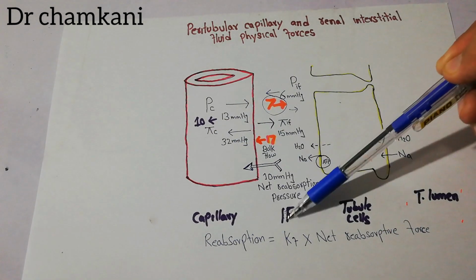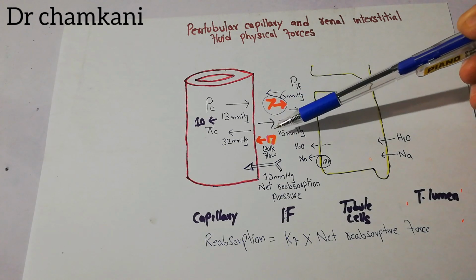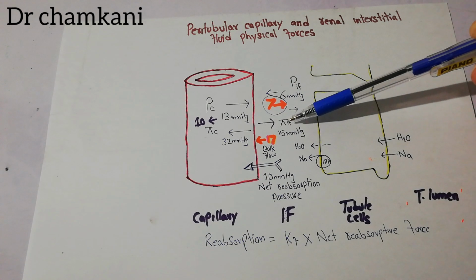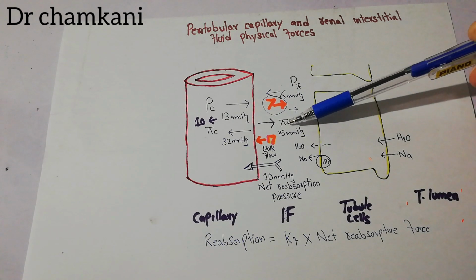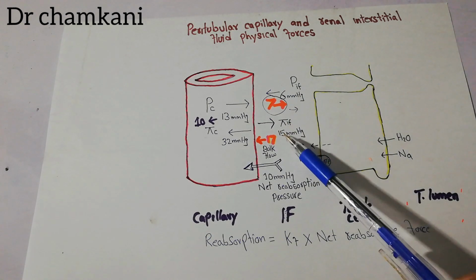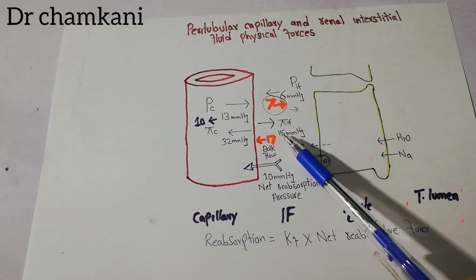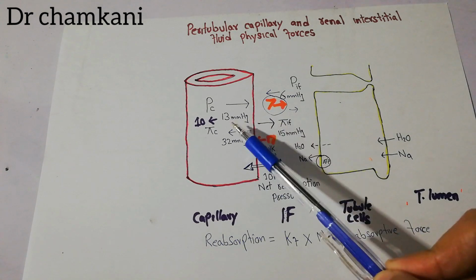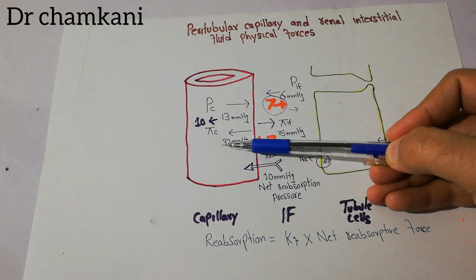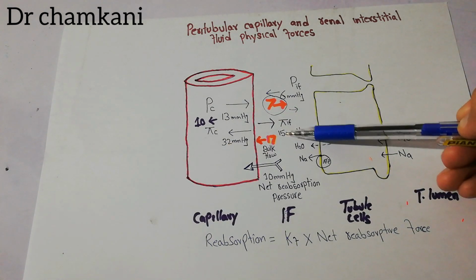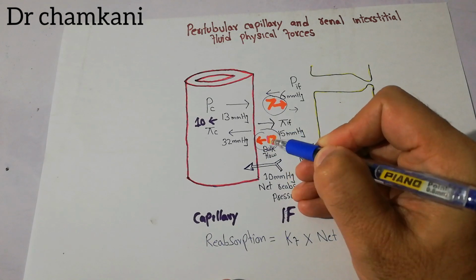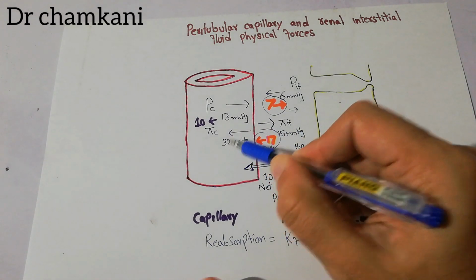Similarly, we have some proteins in the interstitial fluid, and those proteins are also exerting some force on the fluids and electrolytes, and that force is shown by pi IF, which is the colloid osmotic pressure of the interstitial fluid, and its value is 15 millimeter of mercury away from the peritubular capillaries. So 32 millimeter of mercury towards the peritubular capillary, 15 millimeter of mercury away from it, and the net is 17 millimeter of mercury towards the peritubular capillaries.